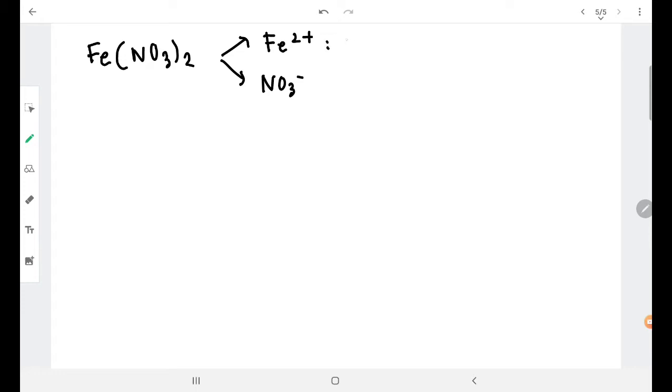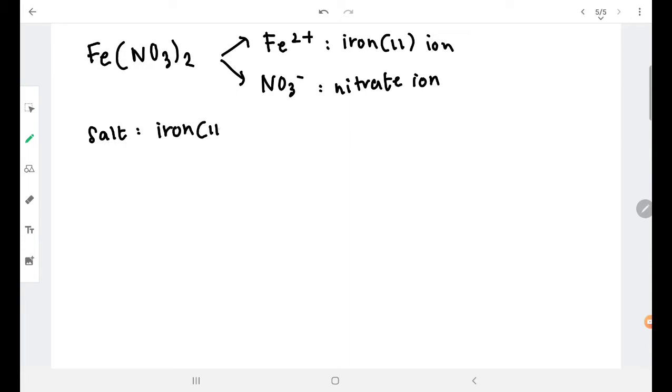So Fe2 plus name is iron 2 ion and nitrate ion. So the name of this salt is iron 2 nitrate. Make sure there is no space between iron and the 2 Roman here. It should be rapat, mesti rapat.